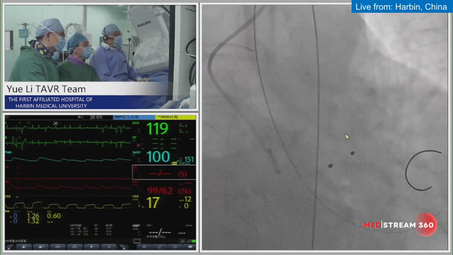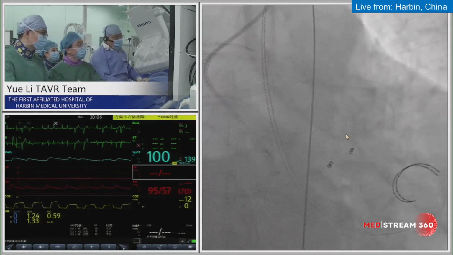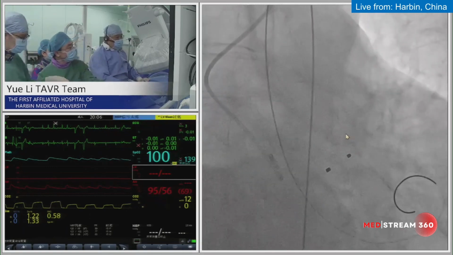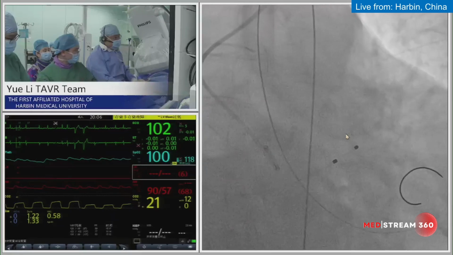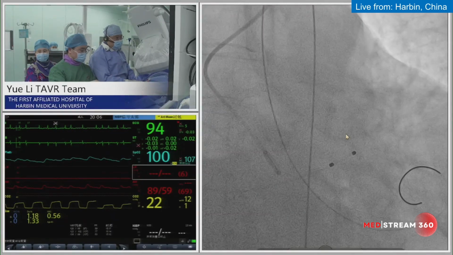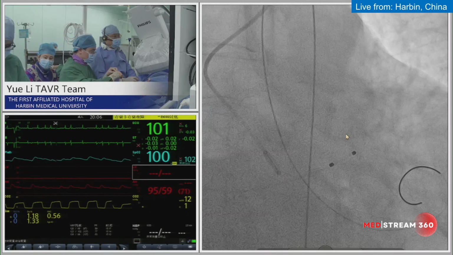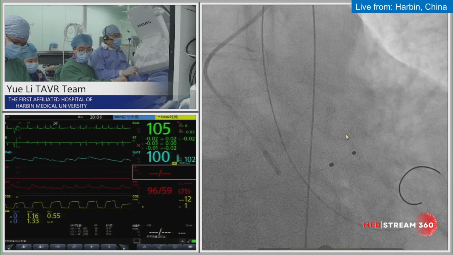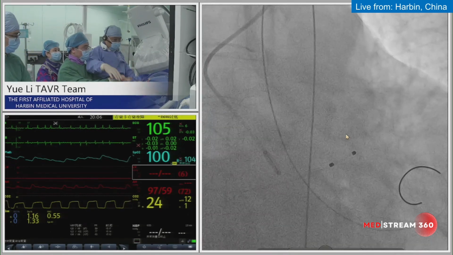Yes, fantastic. The performance is great. So we choose the valve size 29. And now we will do the Taurus Elite delivery system for the AV29, as in the strategy we planned before the operation.